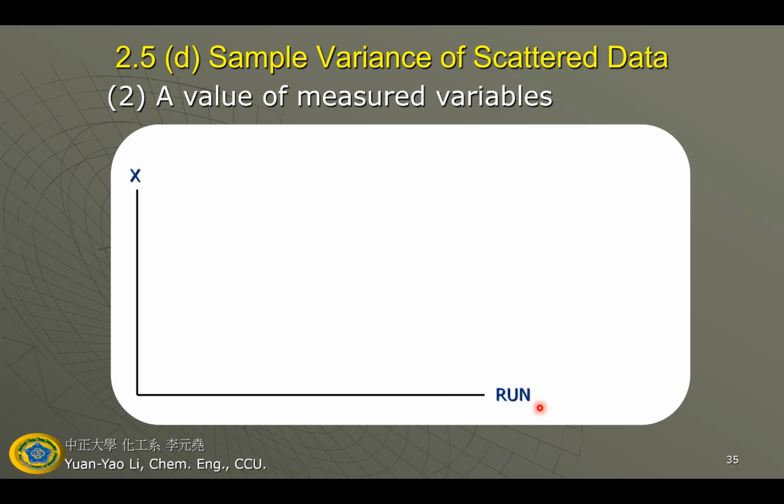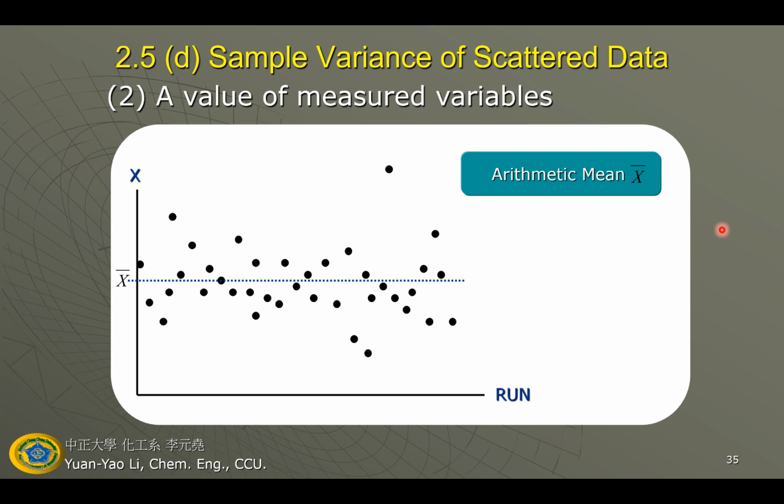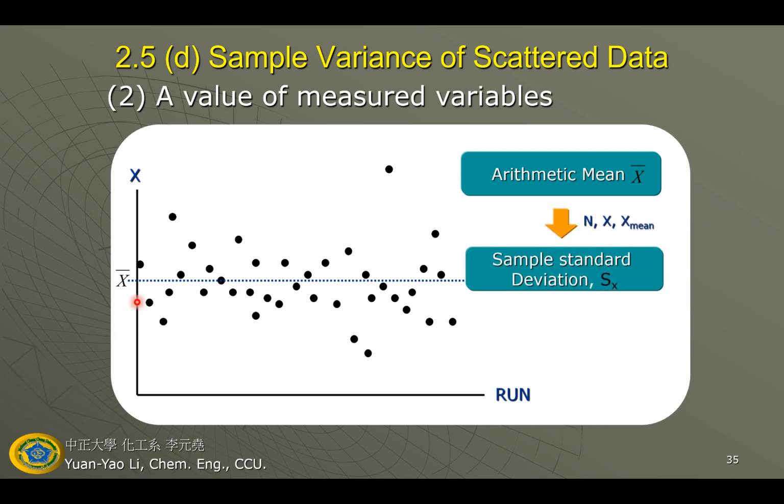So here I just want to give you an example of the center and the scatter of the data. This is run, it might be 50 runs, right? And you get an average, x bar, which is called the arithmetic mean. You know how to get the arithmetic mean, right? After that, you know the x for each point, and you know the average, so you can get the sample standard deviation.